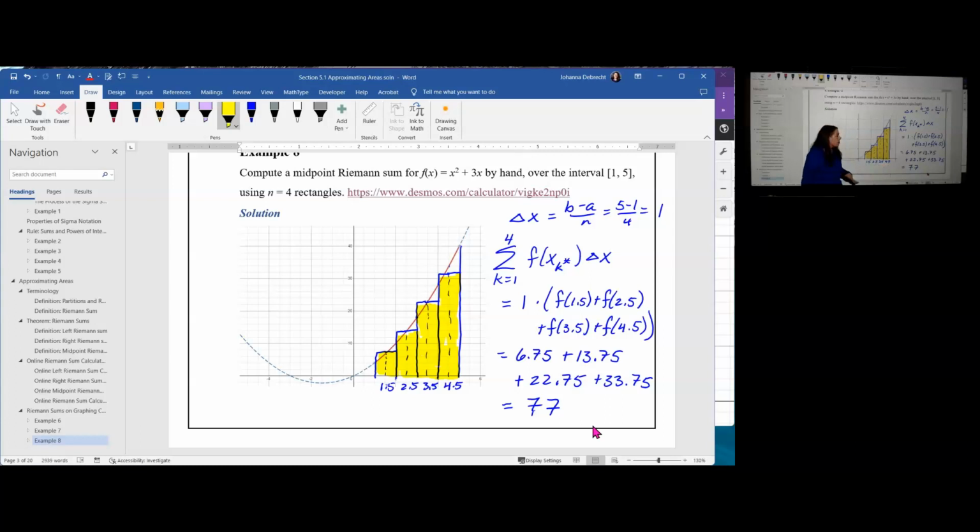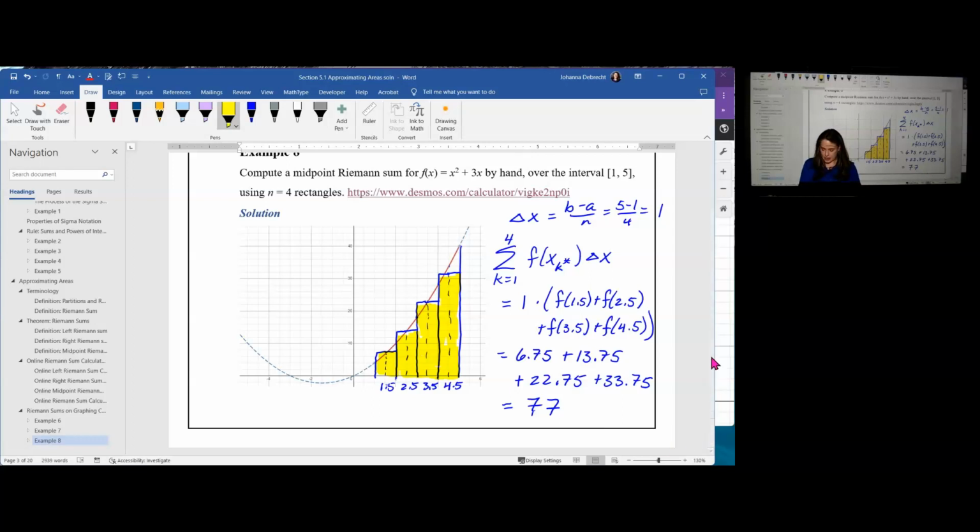Since the width of each box is 1, that gives us the sum of each of those values, which ends up being 6.75, etc., giving us an estimated area under the curve of 77, which is pretty darn good for only 4 rectangles. It's very close.